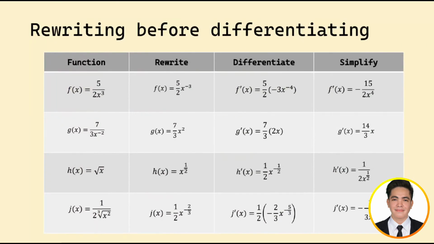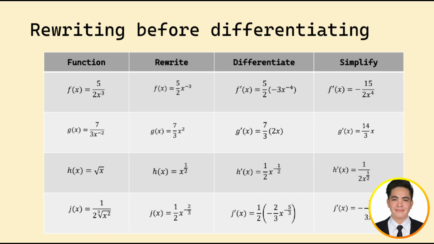So, here in this table, we will be discussing about the techniques kasi may mga functions na mahirap siyang i-differentiate on its original form. So, ang gagawin natin is i-rewrite natin siya in a way na mas madali siyang i-differentiate. Kasi, although may mga available na mga techniques, na may available na mga rules, pero we will not be talking about all, some of them here.